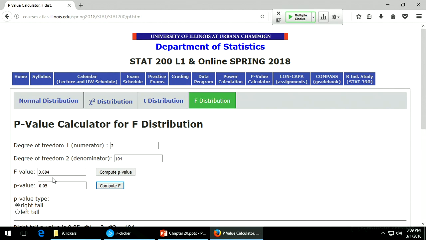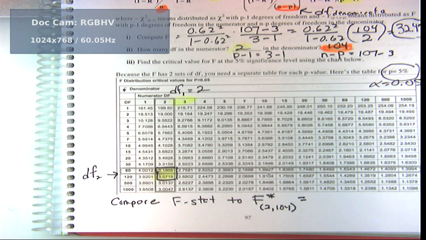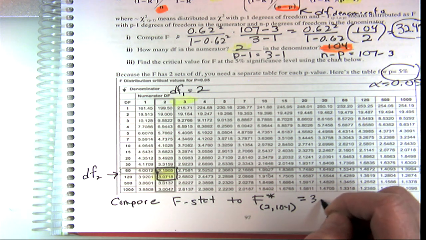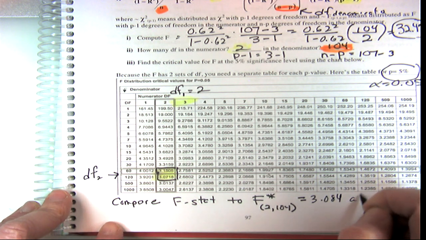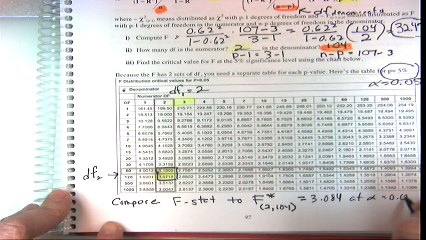And the critical value is 3.084. So that's between those two. Let's write that down. So that would be equal to 3.084 at alpha equals 0.05.